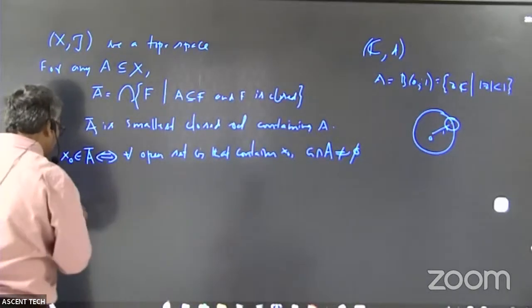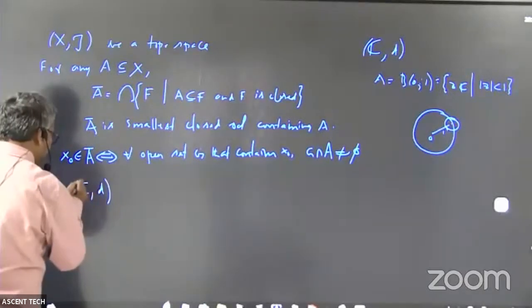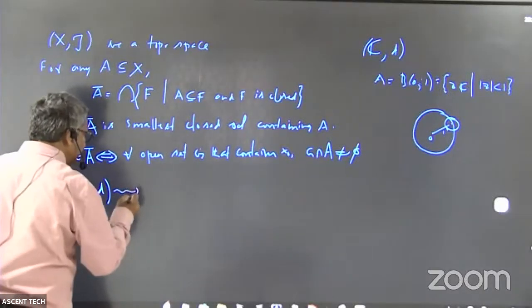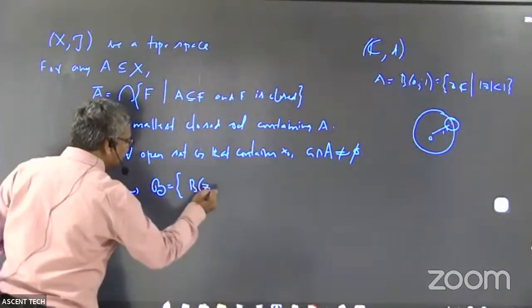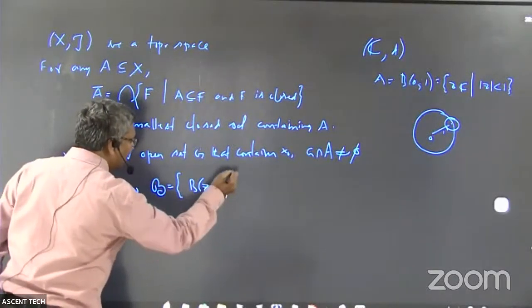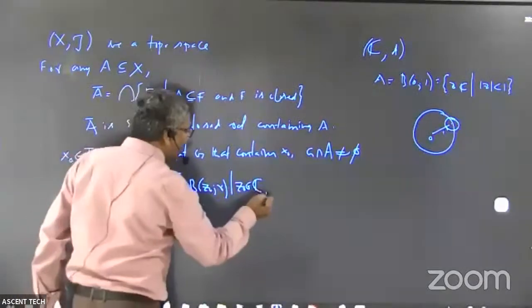Maybe I have to do this also. When you look at the metric topology, C with d, this metric topology is generated by the following base. The base is the set of all balls B(z0, r), where z0 is in C and r is positive.